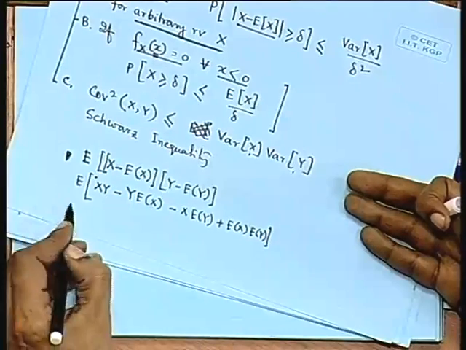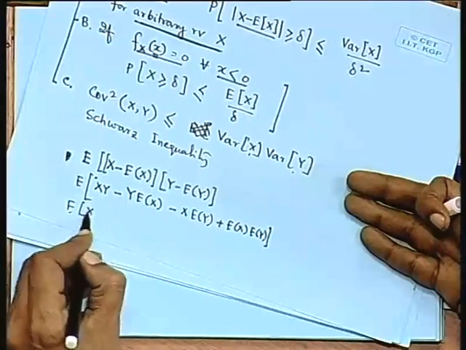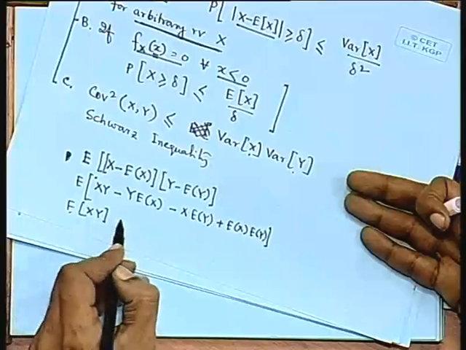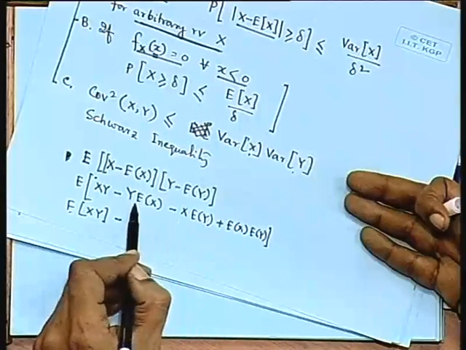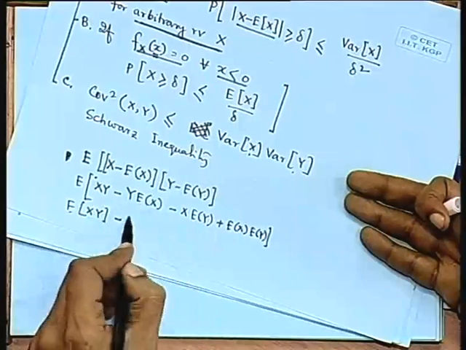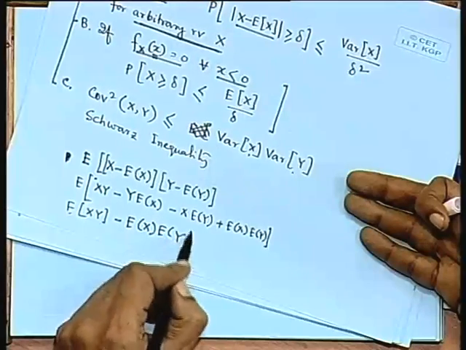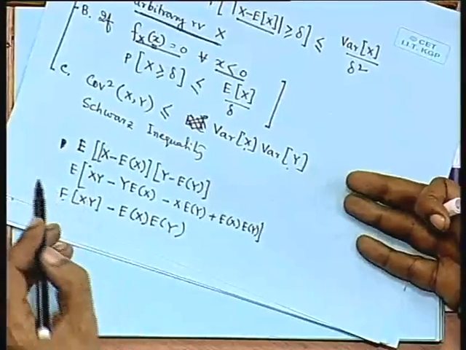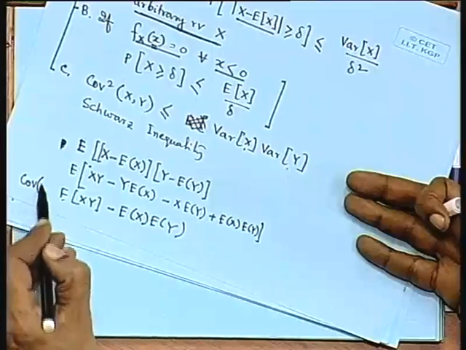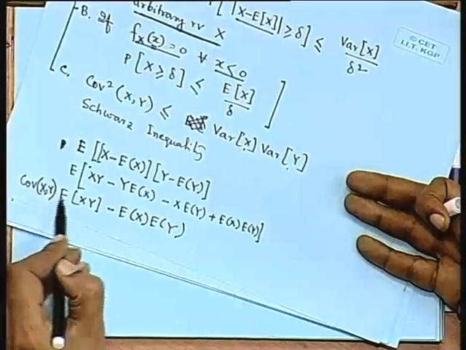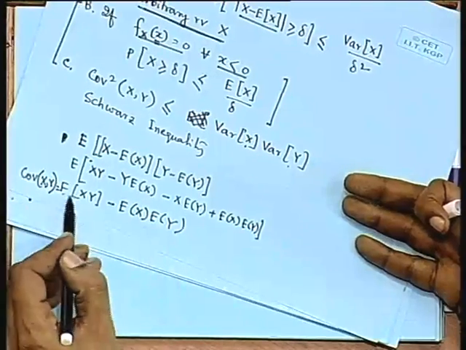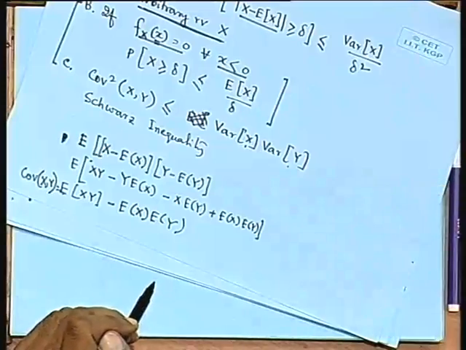If you take expectation now, you will get expectation of xy minus expectation of x into expectation of y. So this is your covariance xy. So if you square it, what do we get?